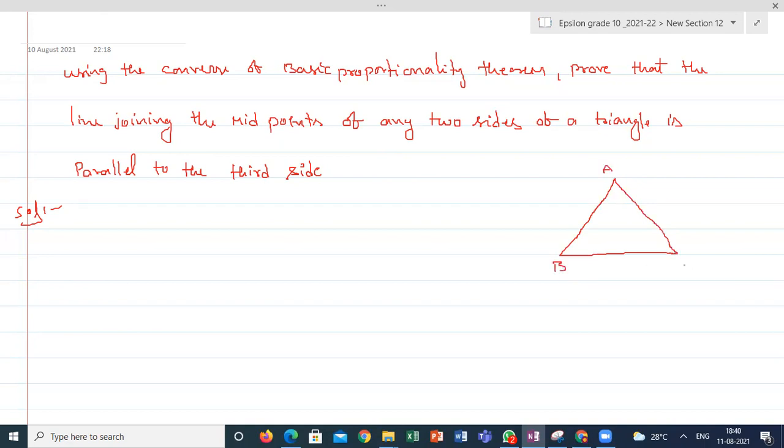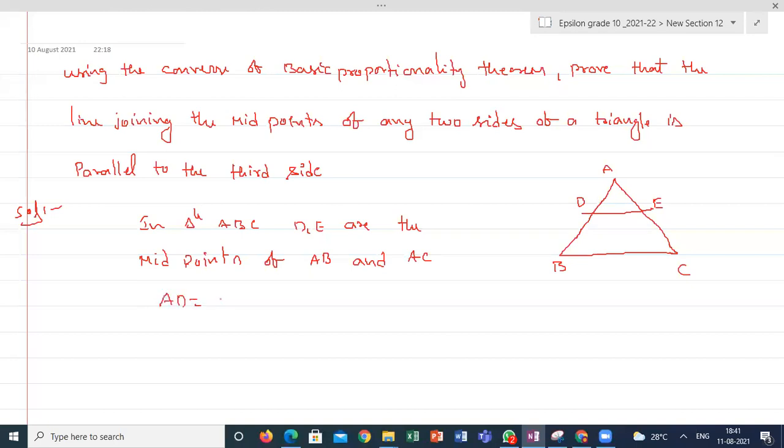Then if they are midpoints, I can write AD is equal to DB and AE is equal to EC, because D and E are midpoints.